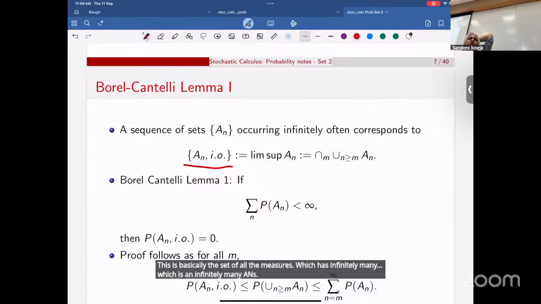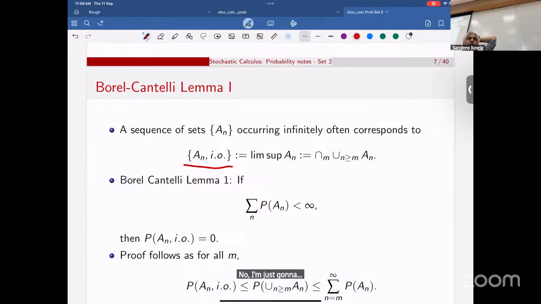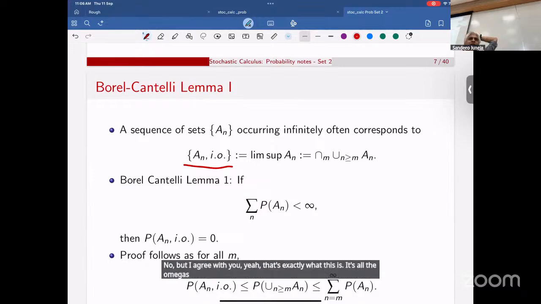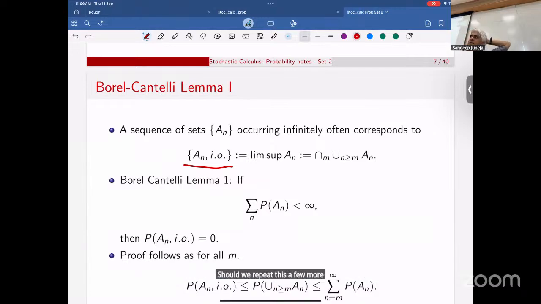No confusion whatsoever on this. It's all the omegas which belong to infinitely many A_n, and that's what we are going to call A_n comma infinitely often. Okay? Intuitively, should we repeat this a few more times, anyone?